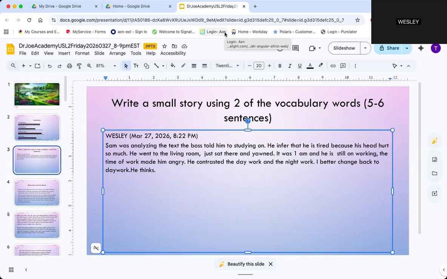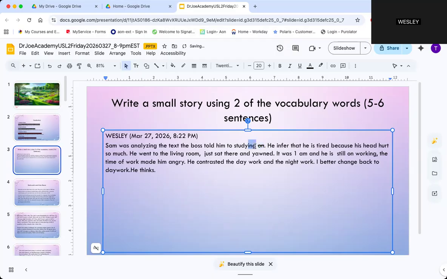Okay, what is day work? Like, sometimes you work in the day and sometimes in the night. Okay, first things first. Sam was analyzing the text his boss told him to study.